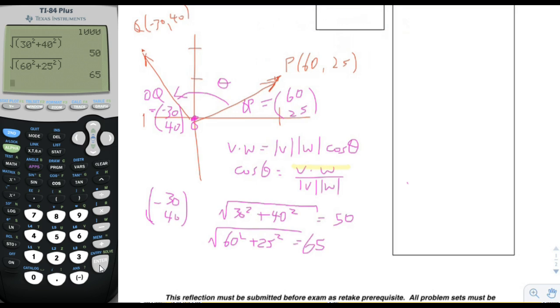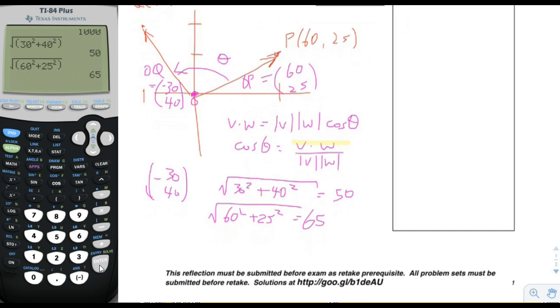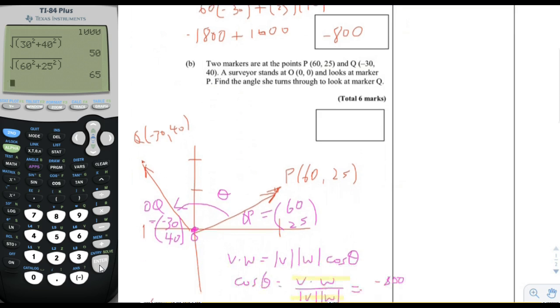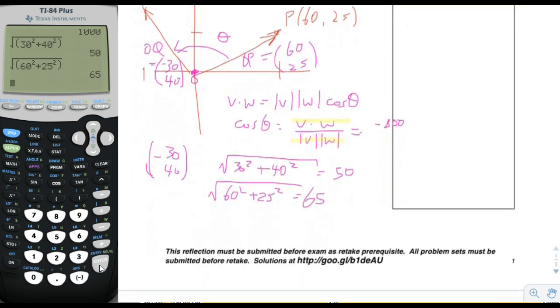Well, it's a test, of course. So now we have the lengths of each one. We know that v dot w is negative 800, which we got from part A, and from part B we now know the denominator is going to have 50 and 65. So now we can multiply that out.